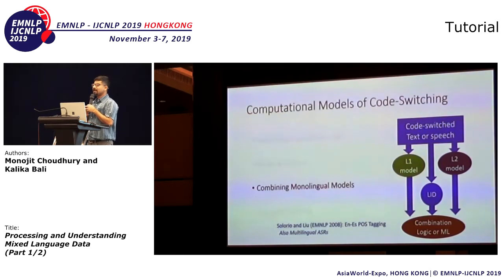The simple way to combine them would be, if the language identifier says it is English, then use the output of the English tagger. If it says Mandarin, use the output of the Mandarin tagger. That's a very simple way of combining, and some of the speech processing work uses this.